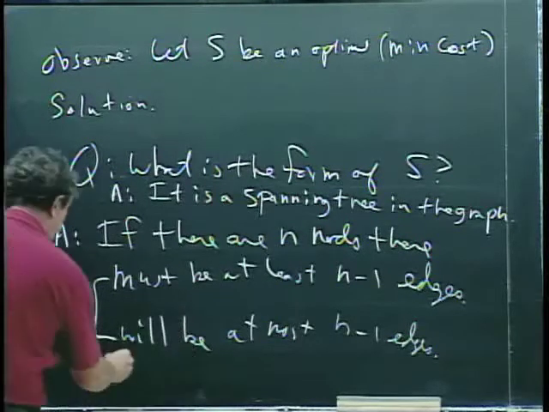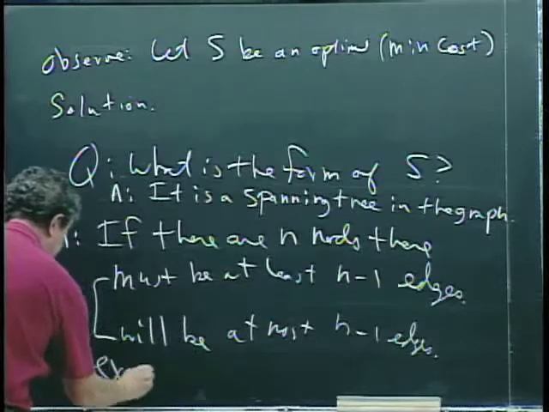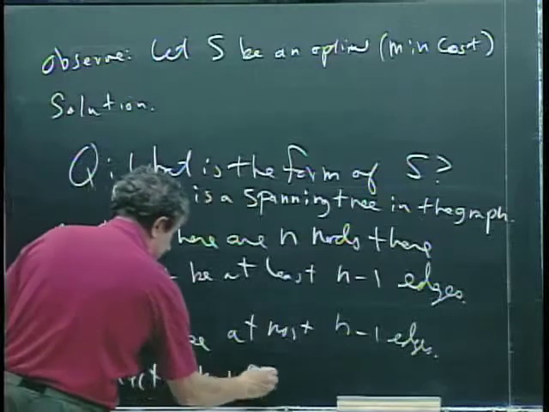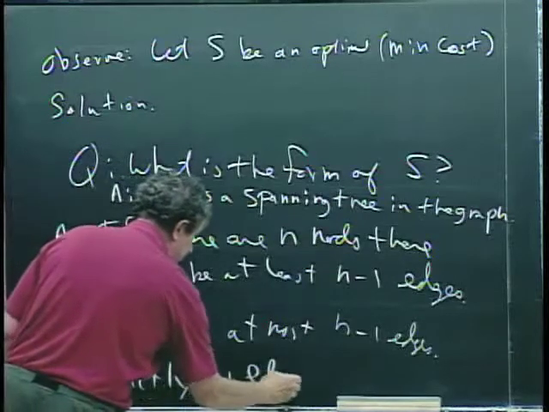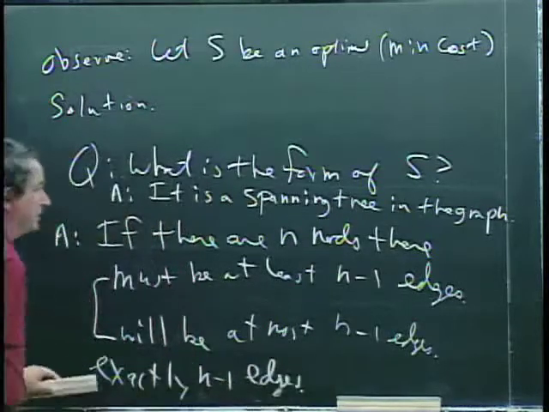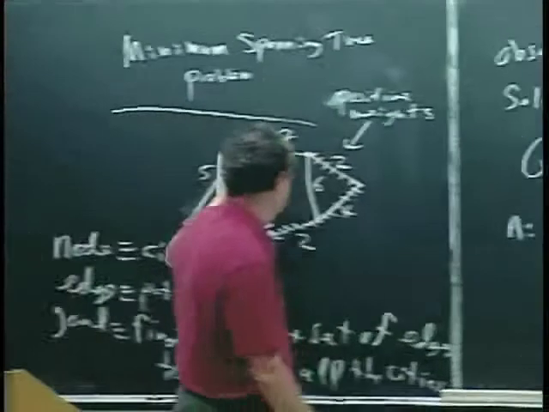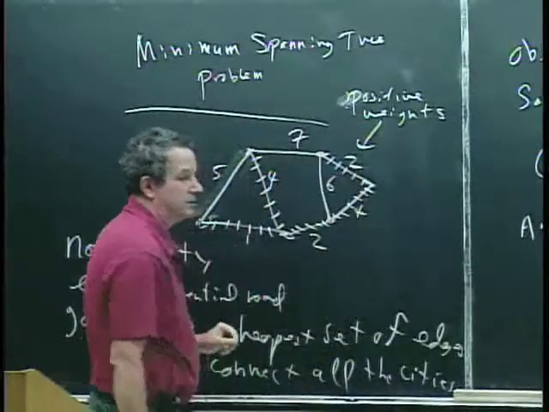Okay? N minus 1 edges. Okay, so that's our problem. Find the minimum cost spanning tree, or minimum spanning tree, given a graph with positive weights.